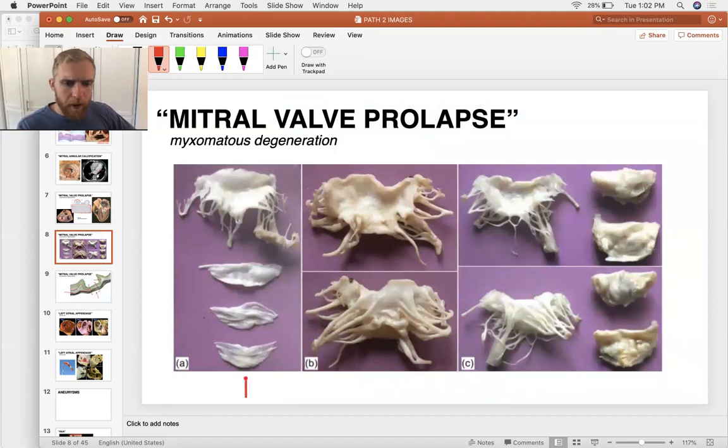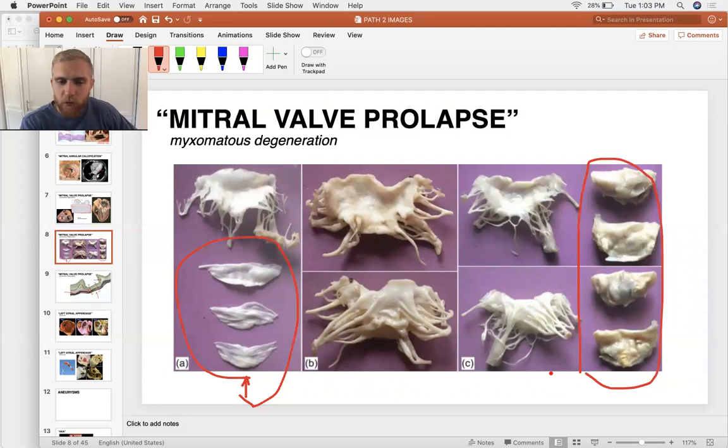Here on the left, this is a normal mitral valve. And you notice how almost translucently thin it is whenever you take some sections of it here, right? But over on the right side, man, this thing is blocky, and it looks like a chunk of adipose, or it looks like soap, you know?